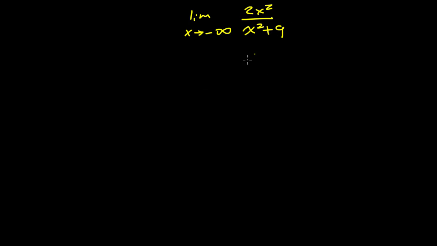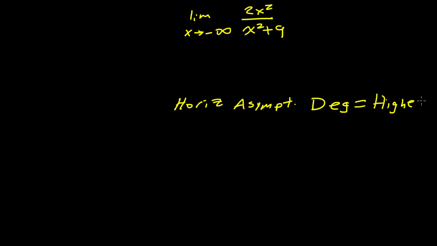Now this is a rational function, and when we have rational functions, here's the rule for finding horizontal asymptotes. Horizontal asymptotes, we got some rules. First off, we want to look at the degree. The degree is the highest exponent, the highest power in the polynomial.